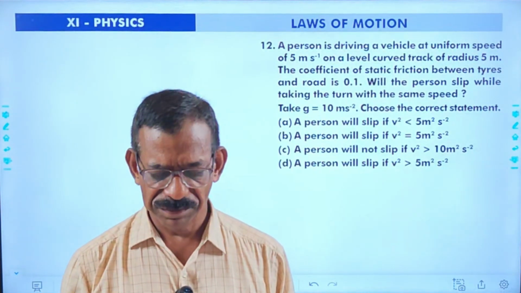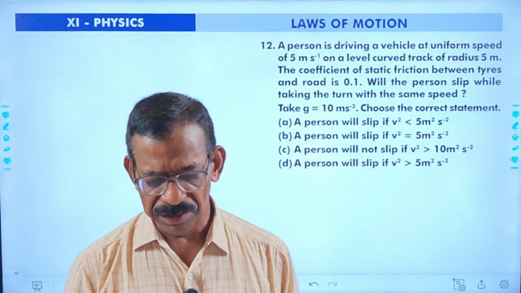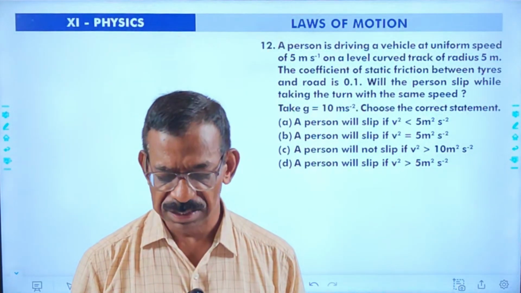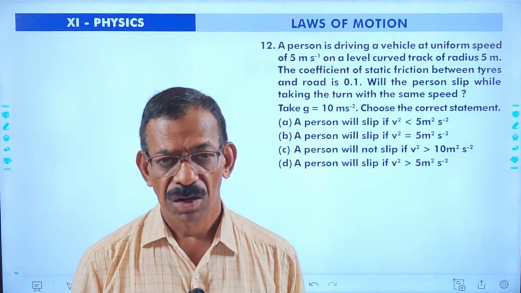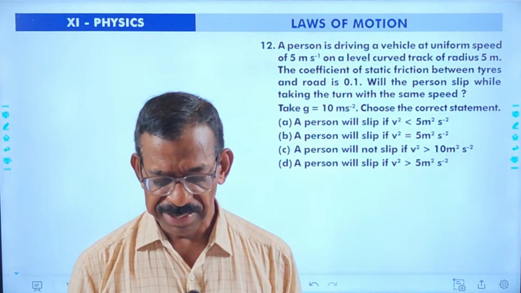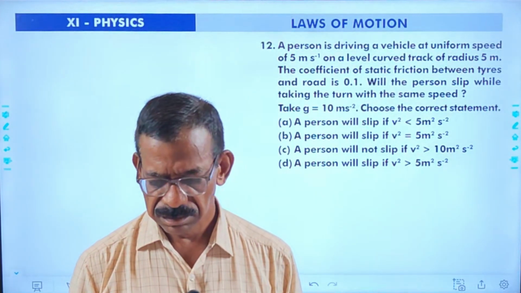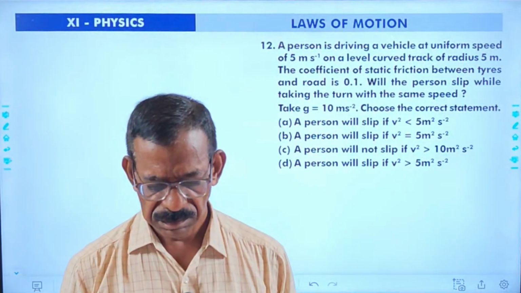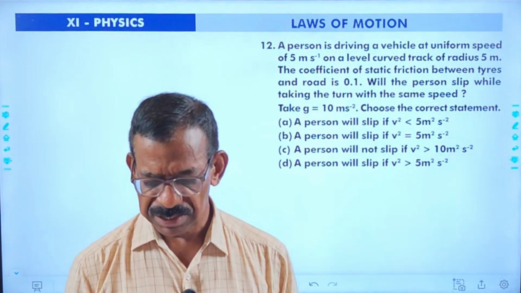Next is question number 12. A person is driving a vehicle with a uniform velocity of 5 meter per second on a curved level track of radius 5 meter. The coefficient of static friction is 0.1.